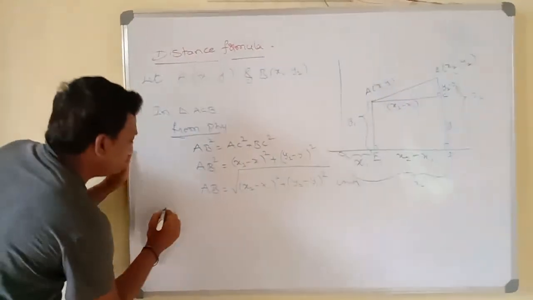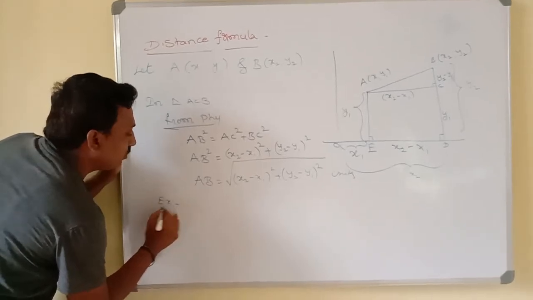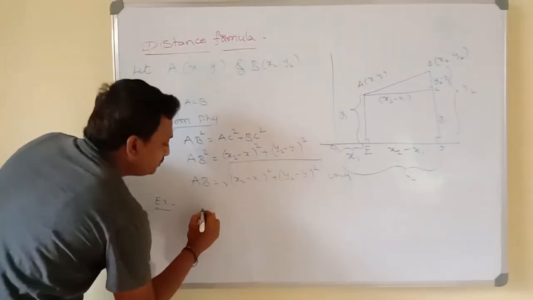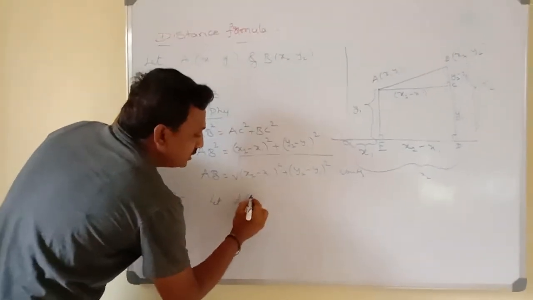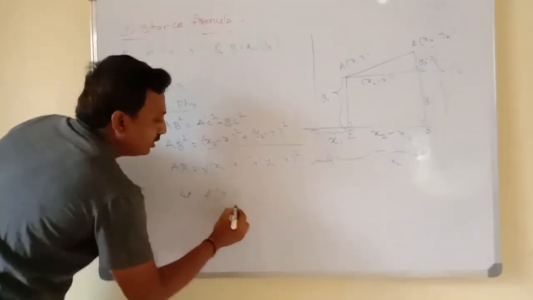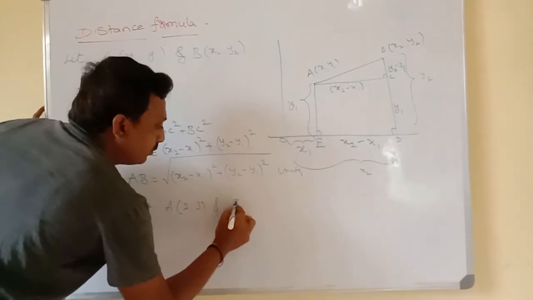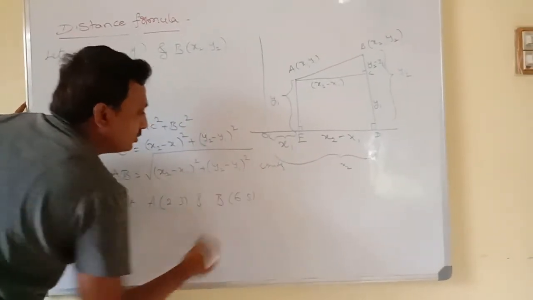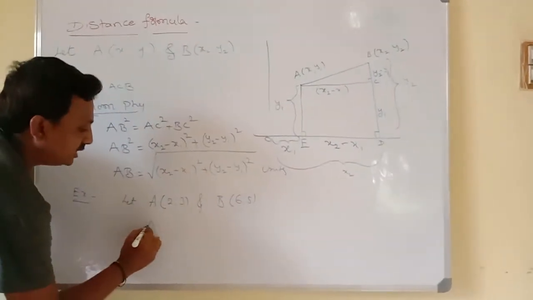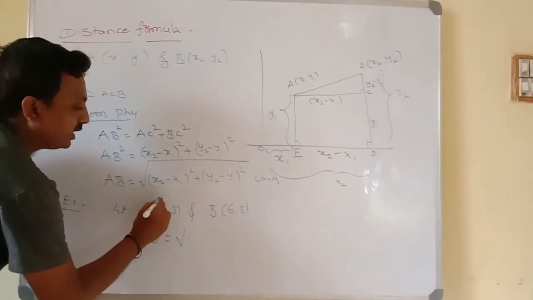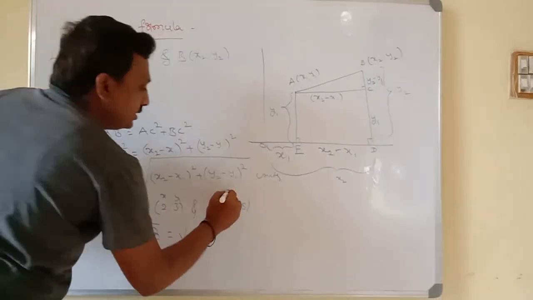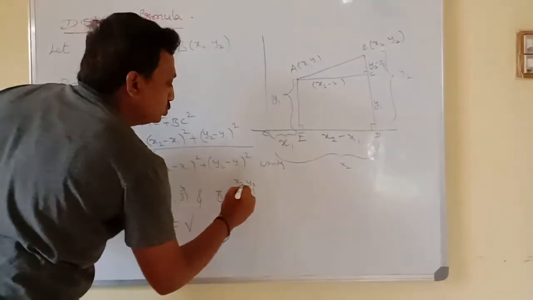For example, let us take A as the point 2, 3, the same as the last concept's point. B is 6, 5, the same. What is the distance between A and B? Observe that this is X1, this is Y1, this is X2, this is Y2.